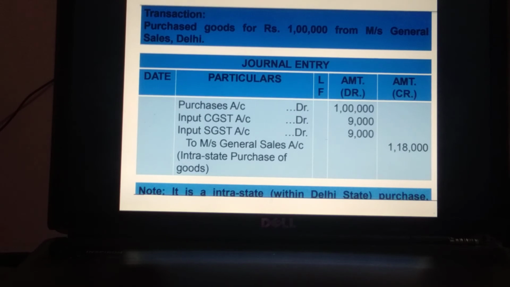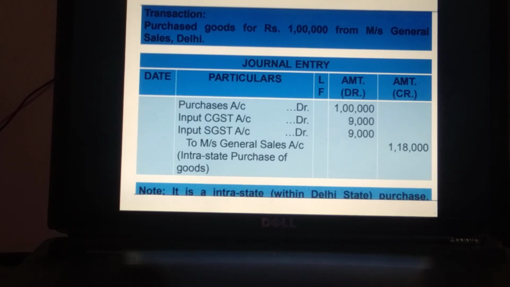So the entry will be: purchase account debit, input CGST account debit, input SGST account debit, to Messrs. Journal Sales account. At the time of intra-state purchase, that means within the state, the government charges CGST and SGST, each at half of the rate.